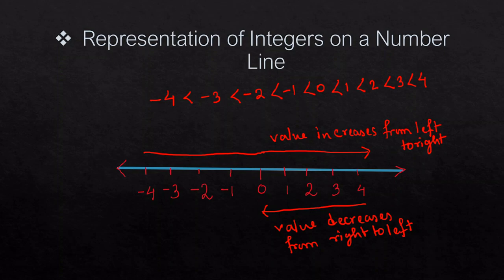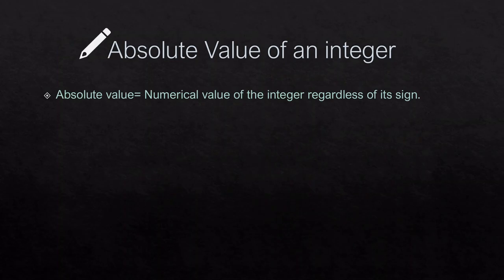Now we will talk about the absolute value of an integer. What is an absolute value? Absolute value is the numerical value of the integer regardless of its sign. Like if you write plus 2, to get the absolute value you put 2 lines at the 2 sides of the number, and this is known as the mod value.